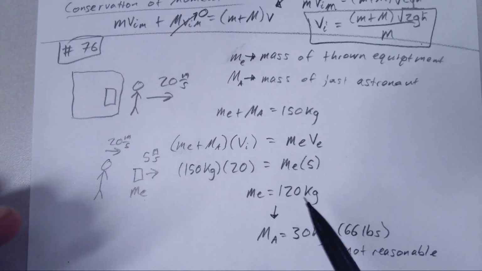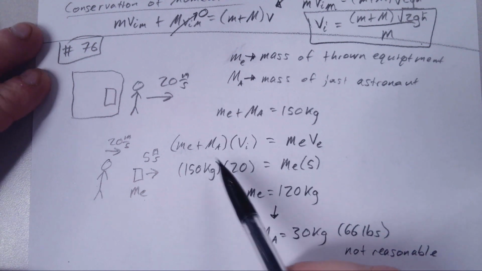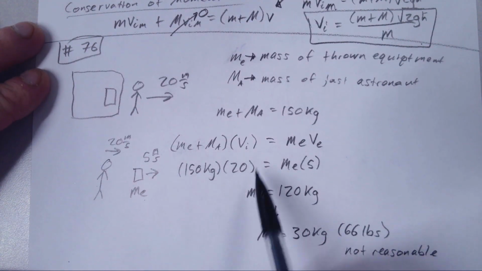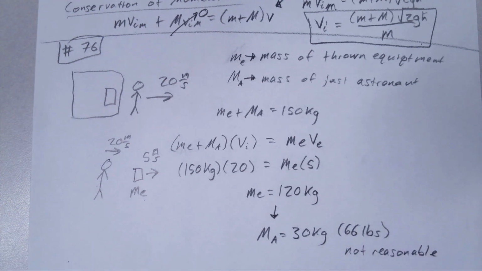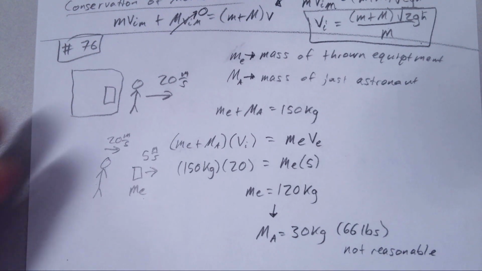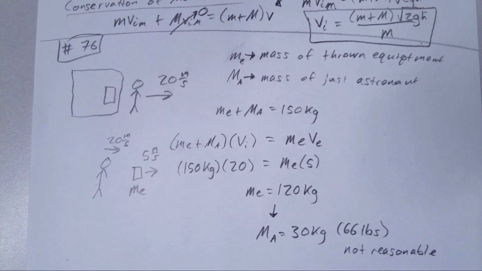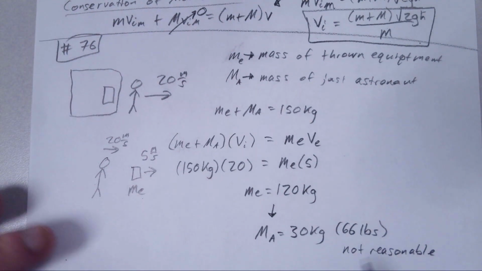I wanted to split it up in terms of the mass of the equipment, the mass of the astronaut, and the total mass of both of those, with the total momentum they have before. We would ask how much momentum we need basically to stop that, and it's 120 kilograms, and that's why it's unreasonable. I wouldn't say it's impossible. It's possible, just highly improbable, because the mass is so small.